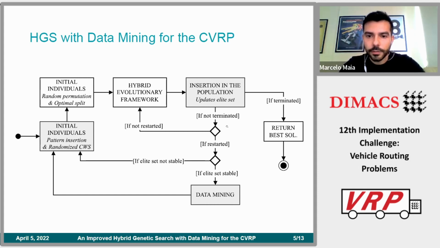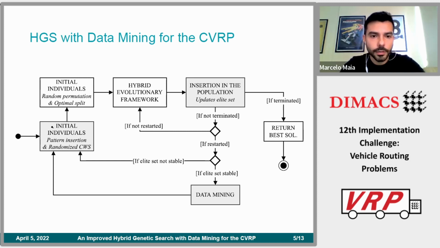When this elite set is stable, which in this case means a certain number of consecutive restarts without any modification, then the data mining process is triggered, and it extracts patterns from the elite set solutions.